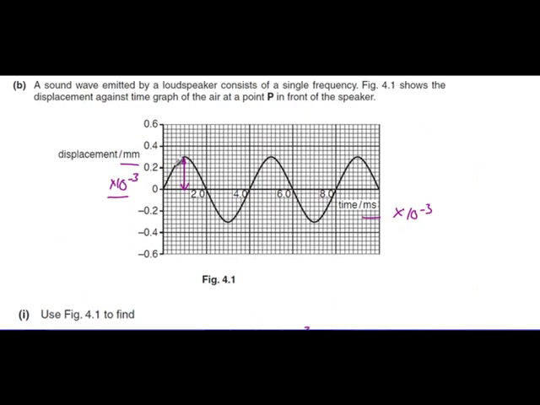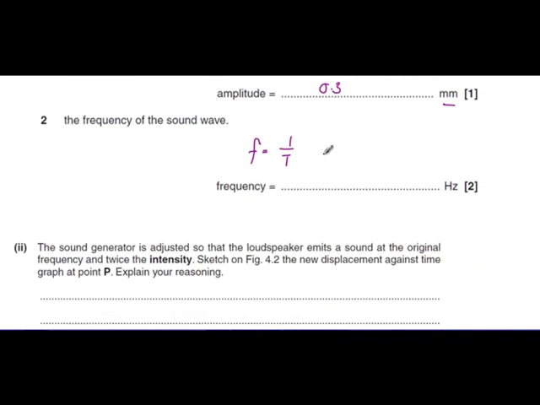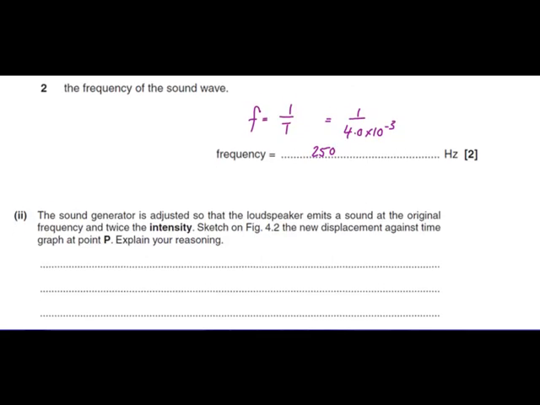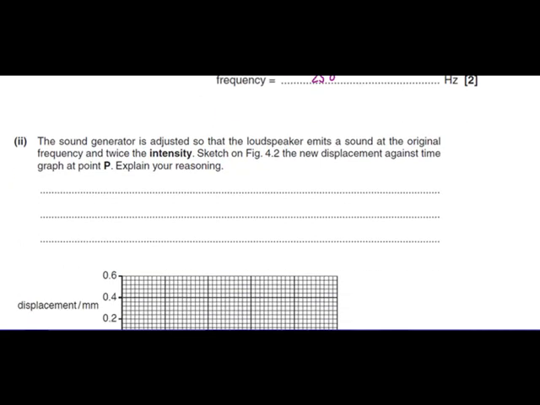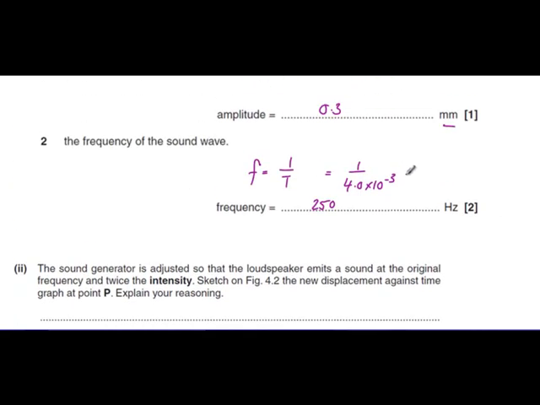The time period here is the time taken for one complete wave. Is 1 divided by 4.0 times 10 to minus 3, and that will equal 250 Hertz. You'll get 1 mark for that and 1 for that.